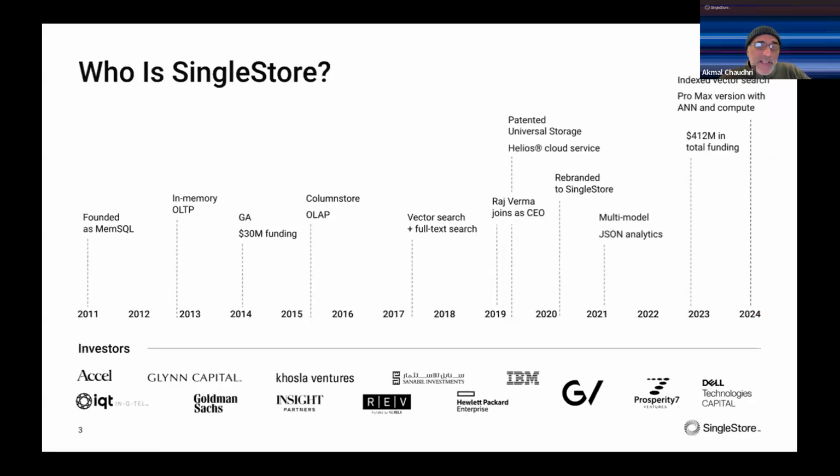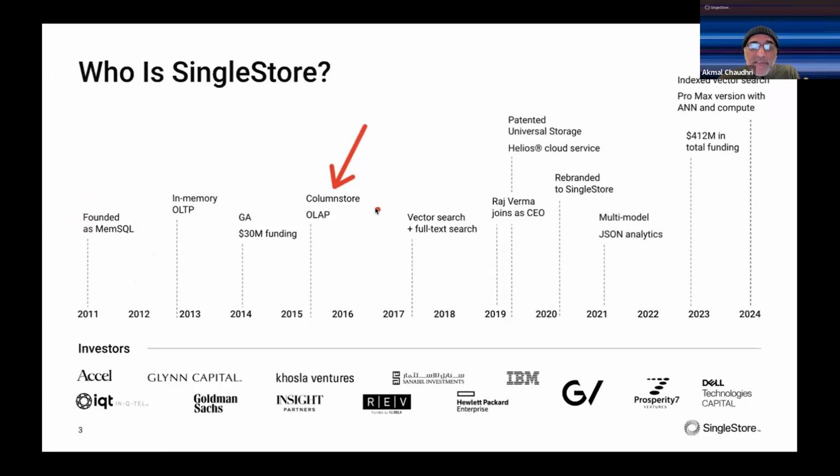So the first slide is this. Essentially, SingleStore started off as a company focusing on OLTP and in-memory, and that was way back in 2011. At that time, it used to be called MemSQL. The "mem" kind of gives it away a little bit in terms of in-memory processing. Subsequently, over time, a columnar store was added for analytics.